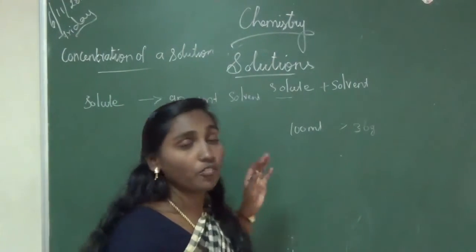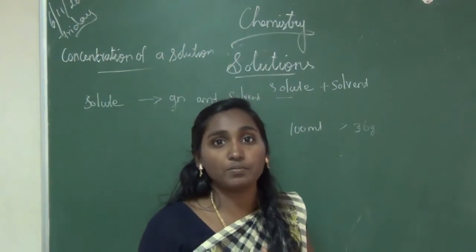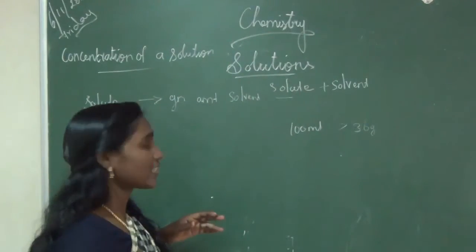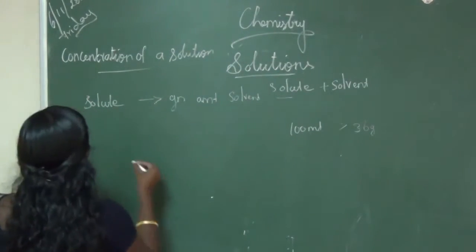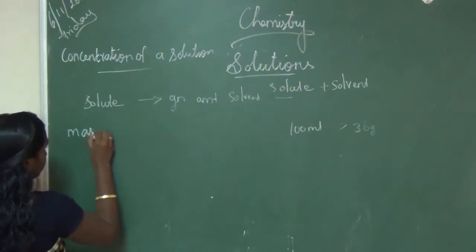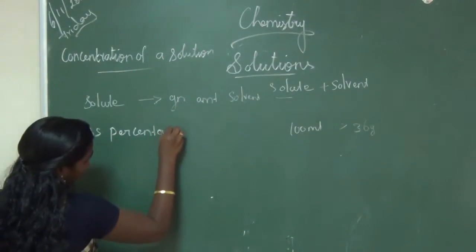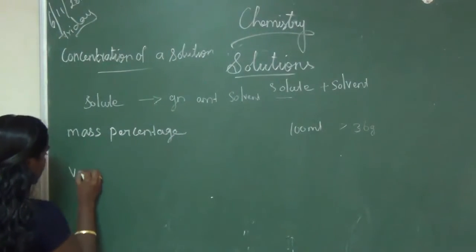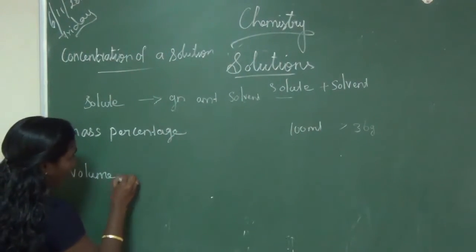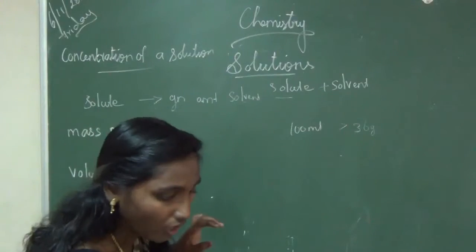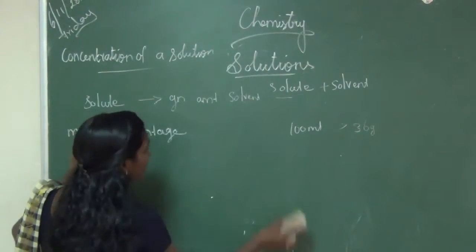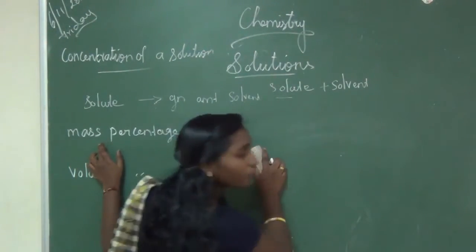This concentration of a solution is expressed in different methods. Here we are going to discuss two methods, that is mass percentage and volume percentage. So mass percentage has one formula.